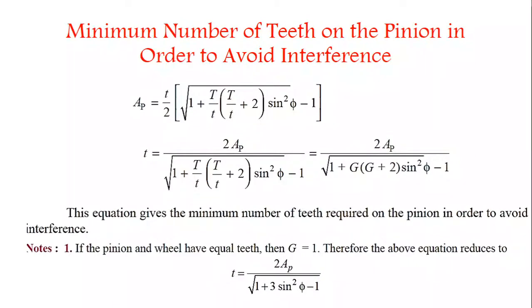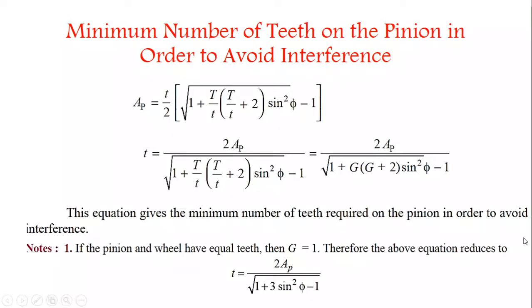This is the formula for finding the minimum number of teeth on the pinion in order to avoid interference. Using this formula, we have to find small t, the number of teeth on the pinion. Note: if the pinion and gear both have equal teeth, that means the gear ratio is 1.